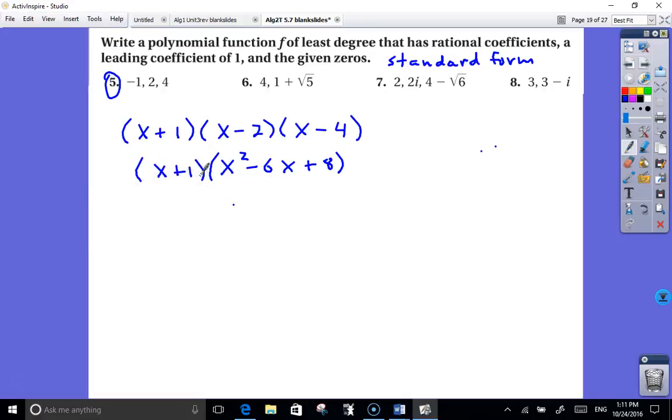Okay. How do we multiply 2 terms times 3 terms? The grid. Probably I mean, you could do the vertical format that they showed in the book, the horizontal format, or the grid. I'll do the grid.